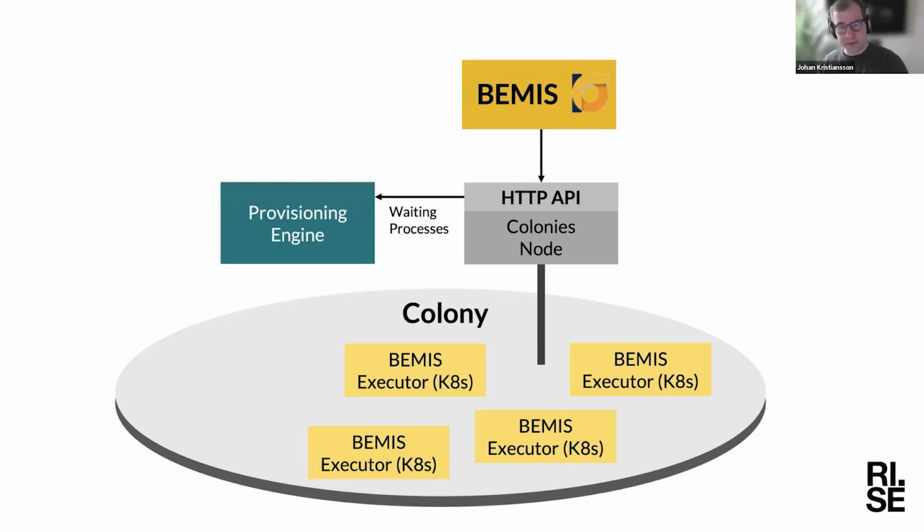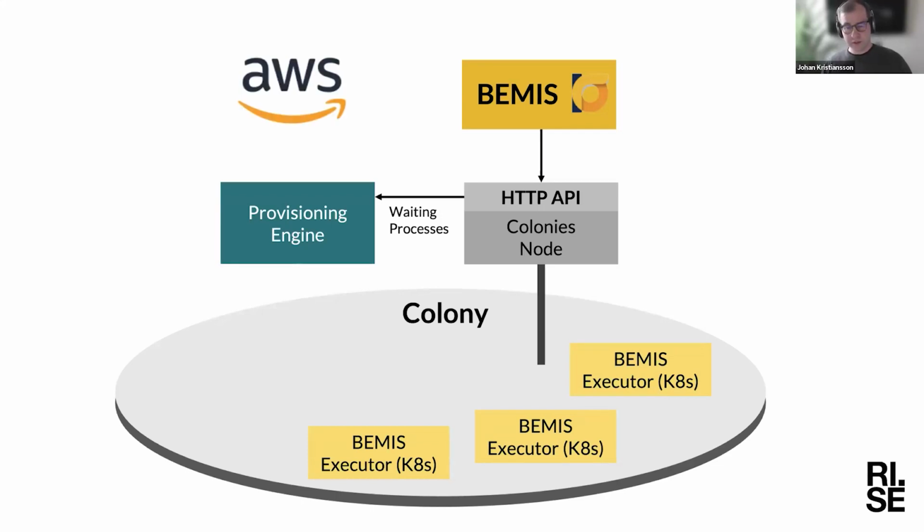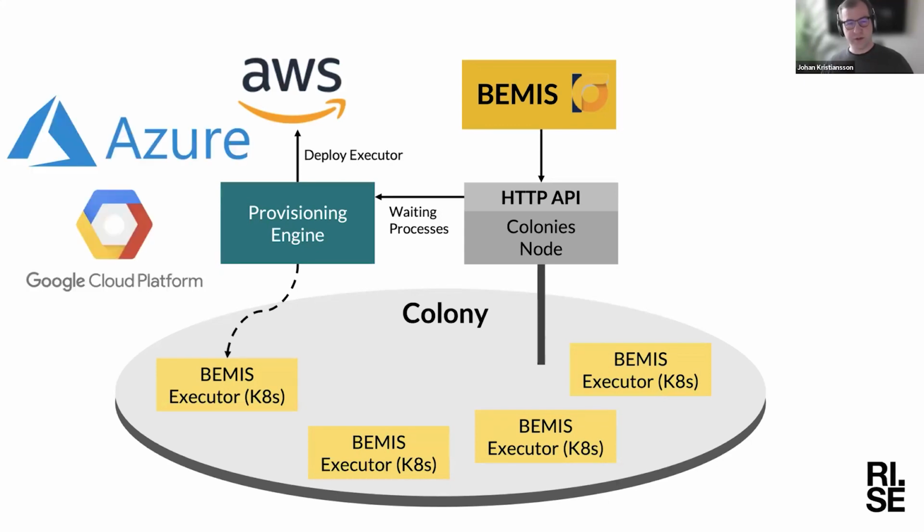If you want to update an executor, you can just kill it and replace it with another one, which is kind of nice. It's also very easy to scale the system. If you don't have so much low-level seismicity, you can just kill executors. And if you want to scale out, it's very easy. You can just add more executors, maybe from Amazon, Azure, or GCP.